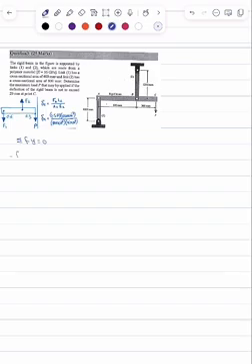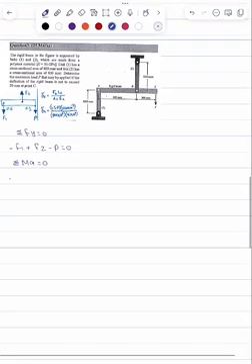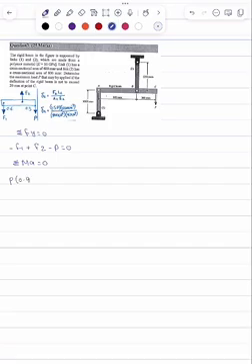Sum of Fy equals 0: minus F1 plus F2 minus P equals 0. Sum of moments about A equals 0: P times 0.9 minus F2 times 0.6 equals 0.